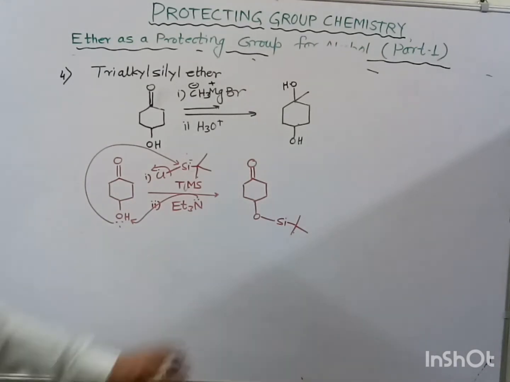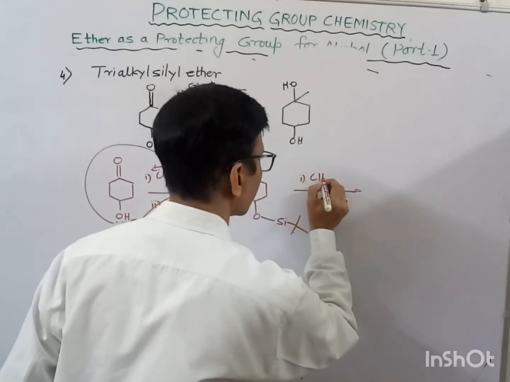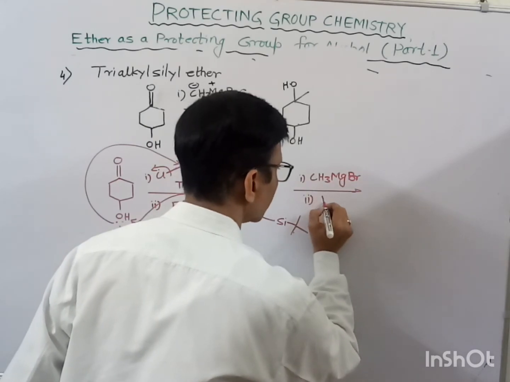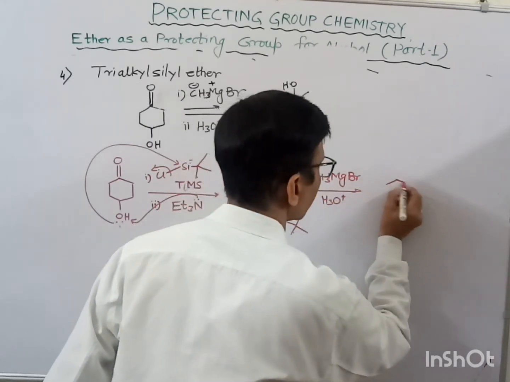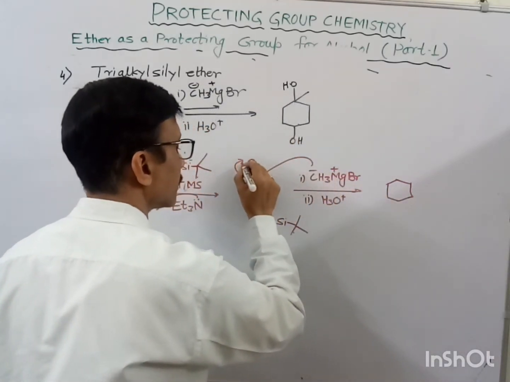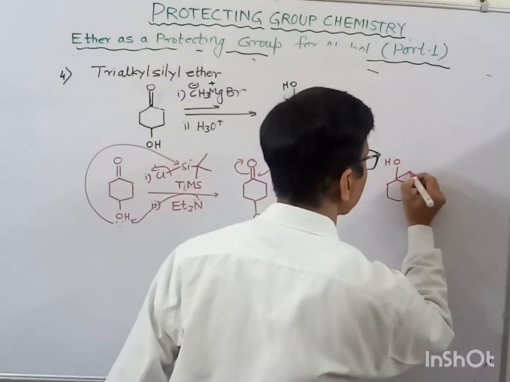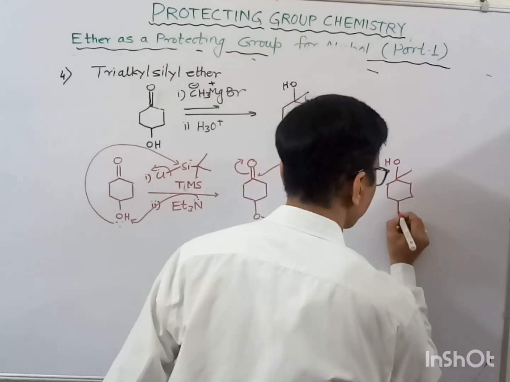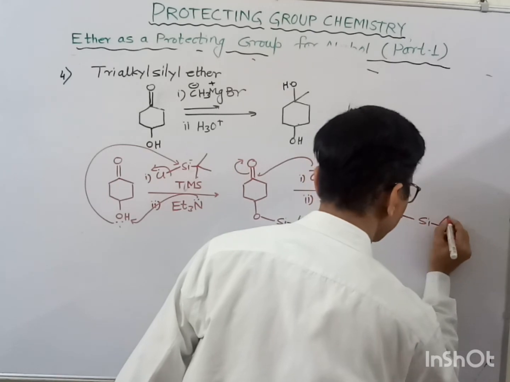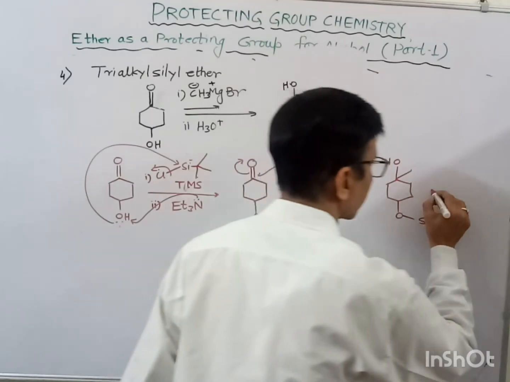Now we have protected this OH group, and now it may be reacted with Grignard reagent, followed by hydrolysis. So here we will get OH and CH3, and now we have this tertiary butyl group. Now we can deprotect it.